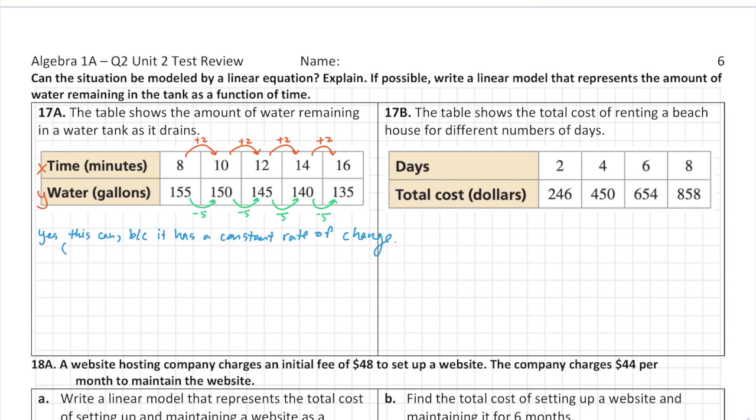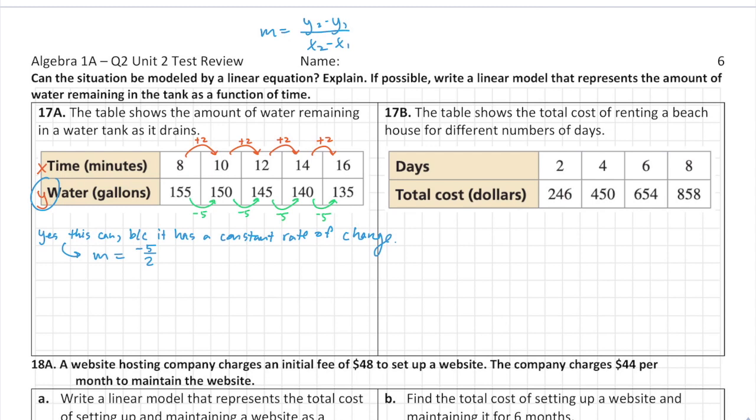Now that would actually be my slope. M is equal to -5 over 2. Of course I could use my slope equation of y2 minus y1 over x2 minus x1. But if these are my y's, this is my rise, down 5 over 2. This is just a little quicker way than having to prove the same thing.